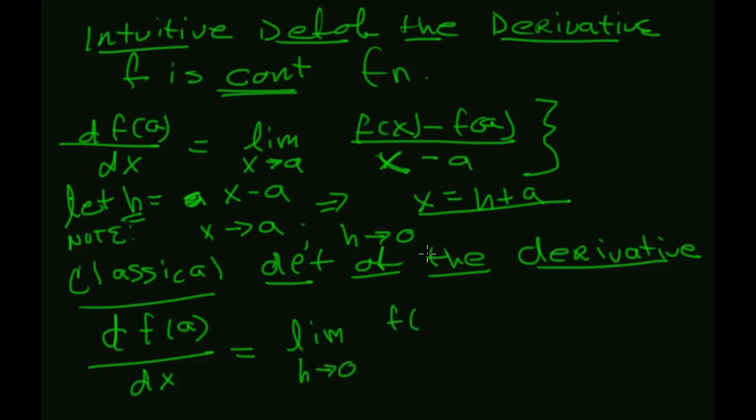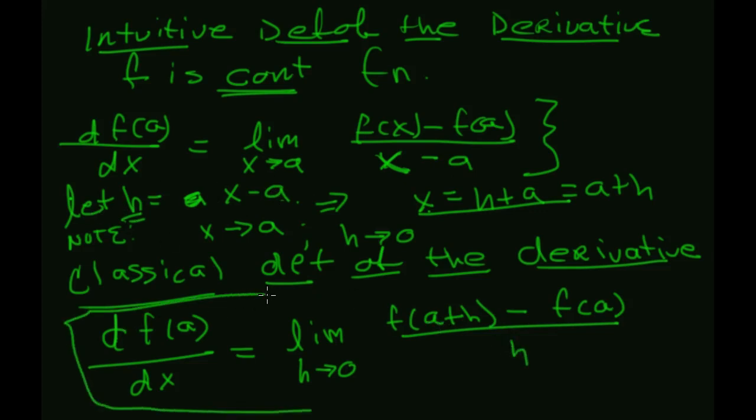We just said above that if h is x minus a, then x is h plus a. I can also write that as a plus h, which is how we more commonly write it. So f of a plus h minus f of a, all over x minus a, which we defined as h. So this is all over h.